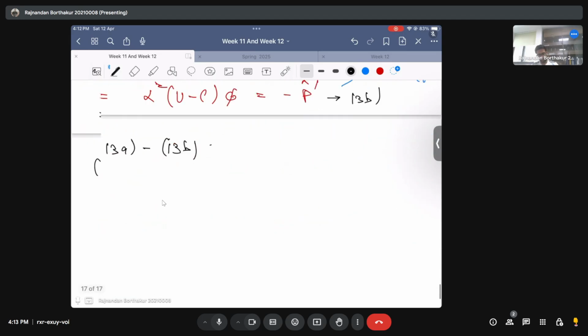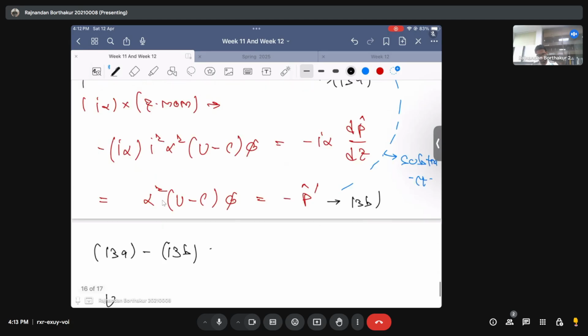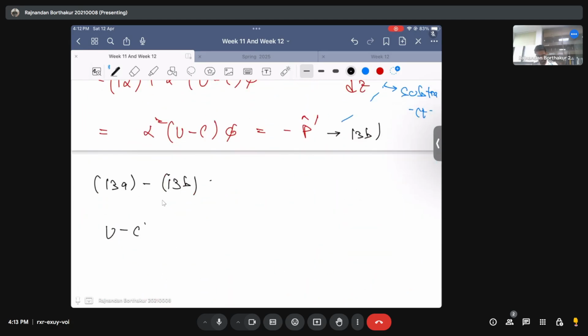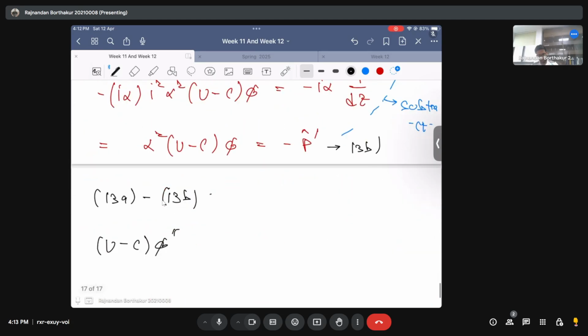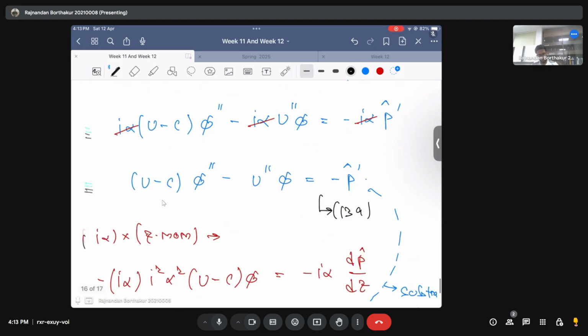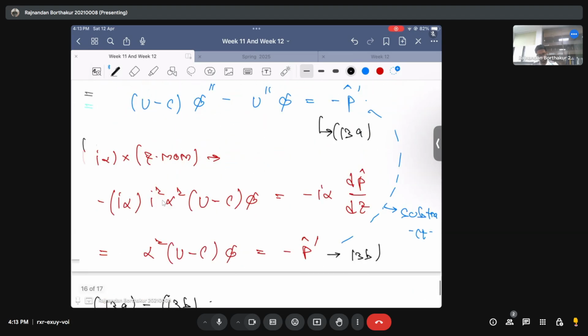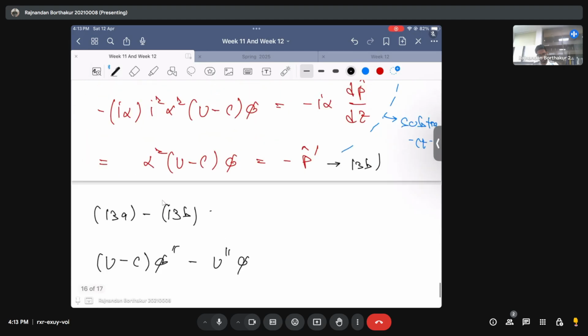Okay, so if you subtract this, what you'll get is (u minus c) phi double prime minus u double prime phi, and then minus alpha squared (u minus c) phi, and since pressure terms will just get cancelled, this is equal to 0.